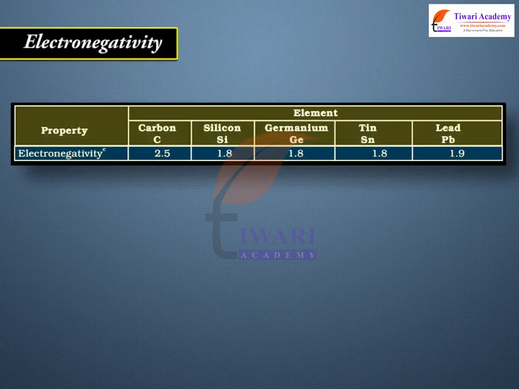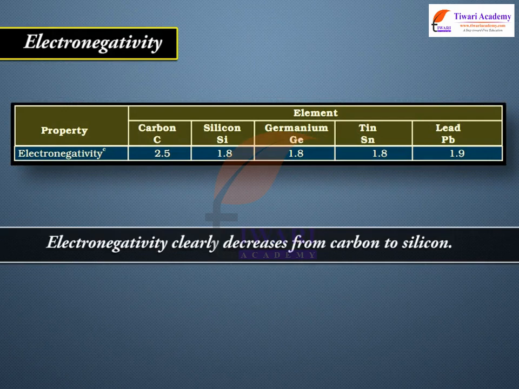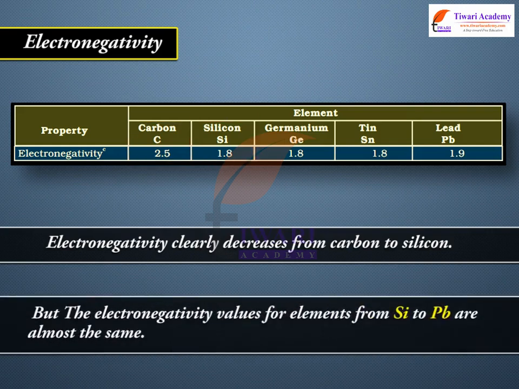Electronegativity. Electronegativity clearly decreases from carbon to silicon. But the electronegativity values for elements from silicon to lead are almost the same.